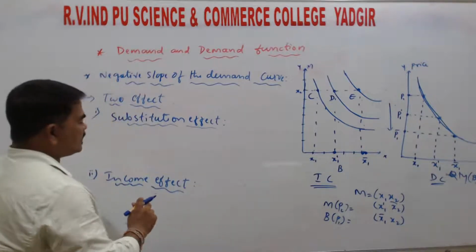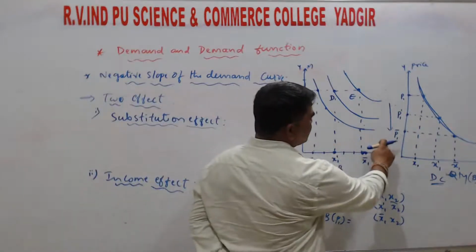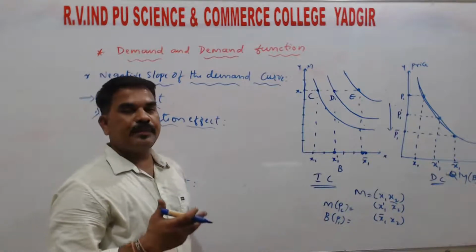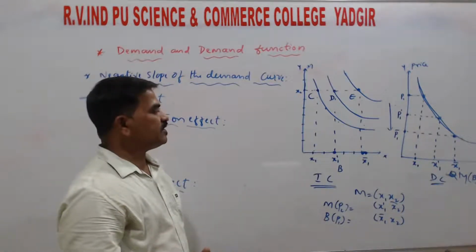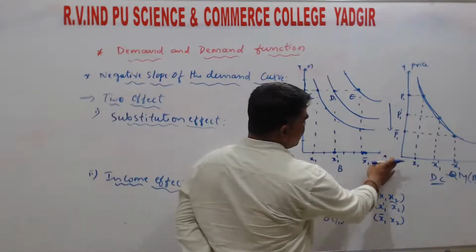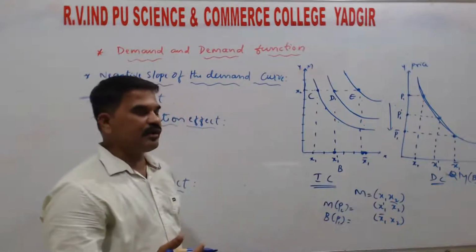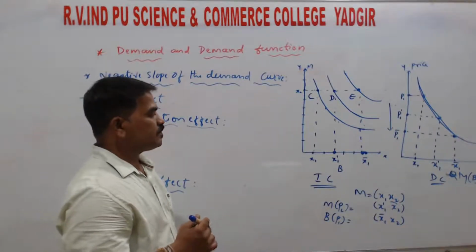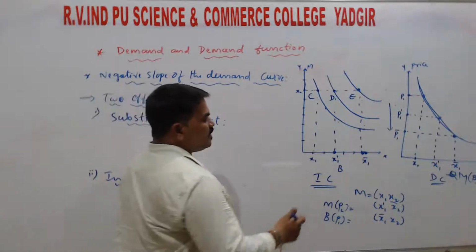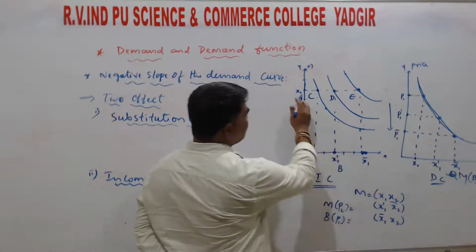The second effect is the income effect. When there is a reduction in the price, the purchasing power of the consumer increases. When he has more purchasing power, he will go for more bananas or mangoes.